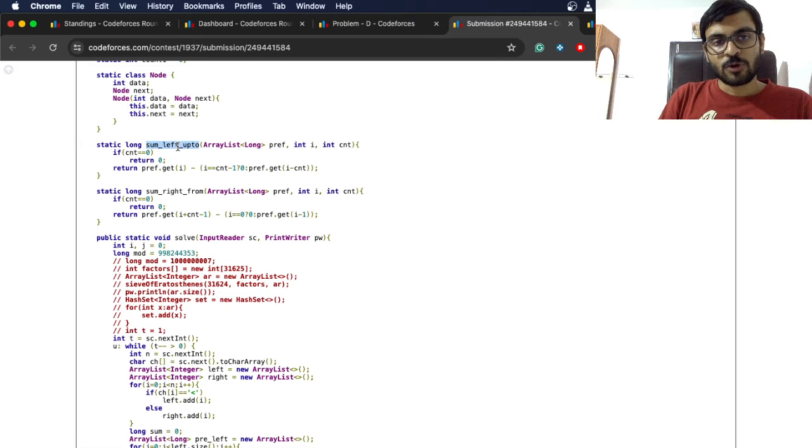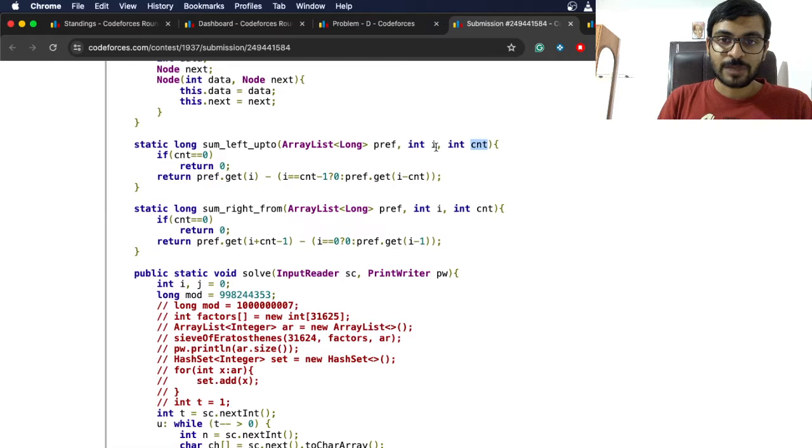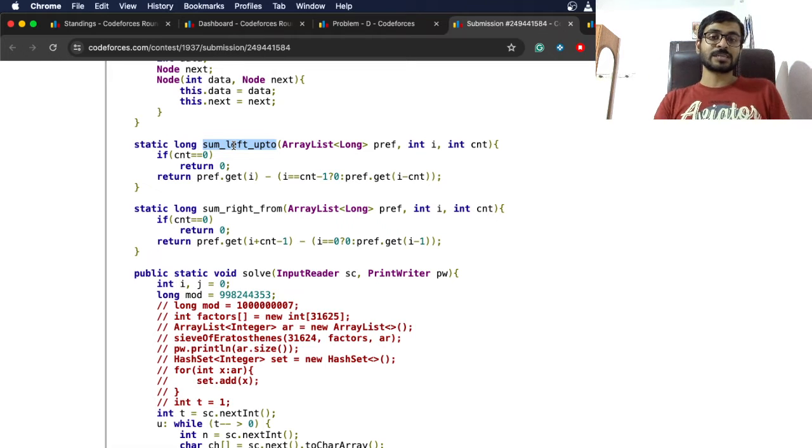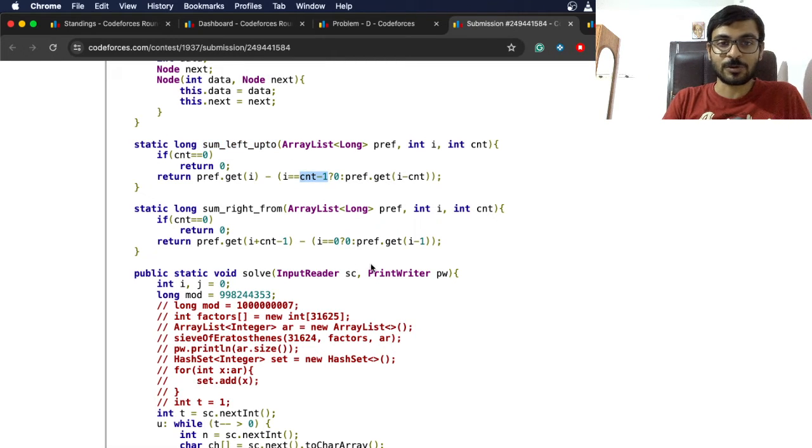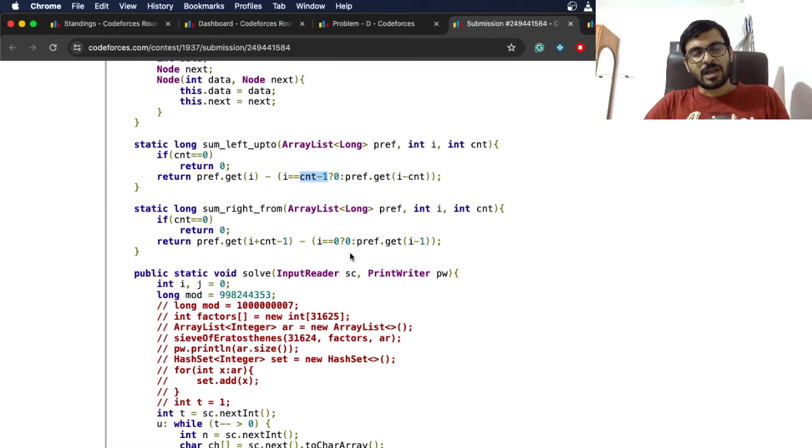So if I go towards the left, I want to take CNT number of values, and the rightmost index will be I. Give me that summation. I created this function because I need it at 4 different places. If I do these kinds of case checks everywhere, it becomes very clumsy code. And you can see I got 3 wrong answers or runtime errors due to the clumsiness of the code.